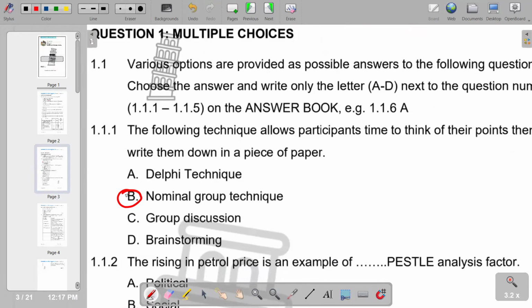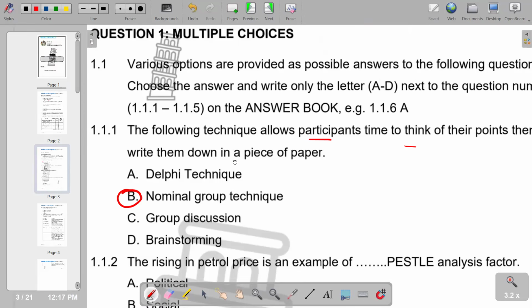Basically, nominal group technique is a group process involving problem identification, solution generation, and decision making. So in that case, participants are given time to think of their points, then write them down on a piece of paper. So nominal group technique is the most appropriate.